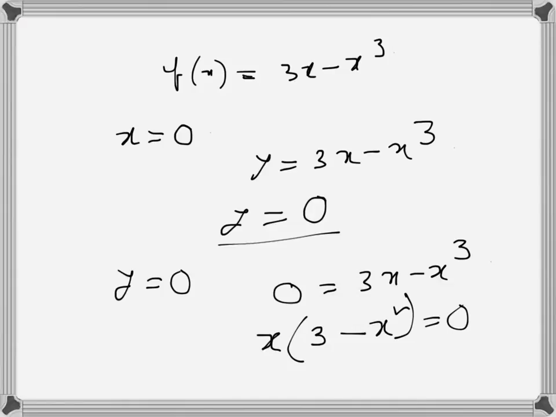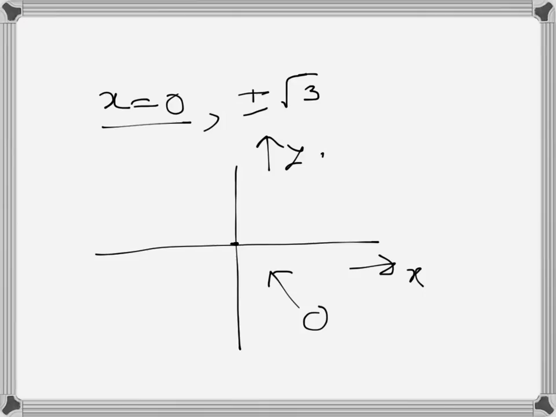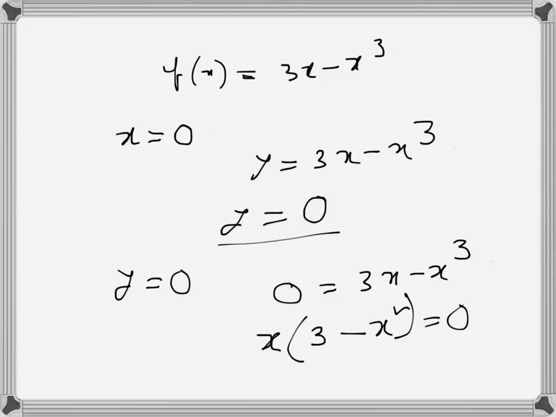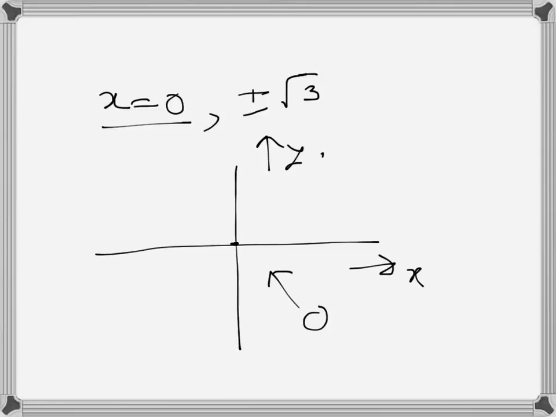So that's the origin, and then we can see that it cuts the x-axis at 2 other points, which are plus minus root 3.